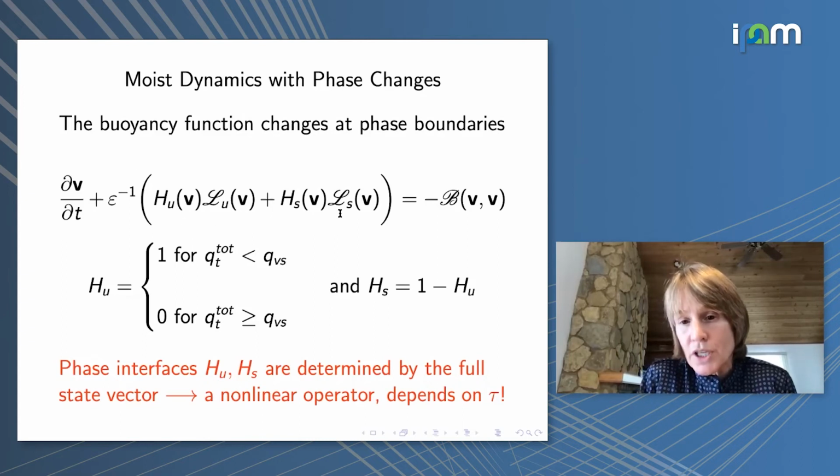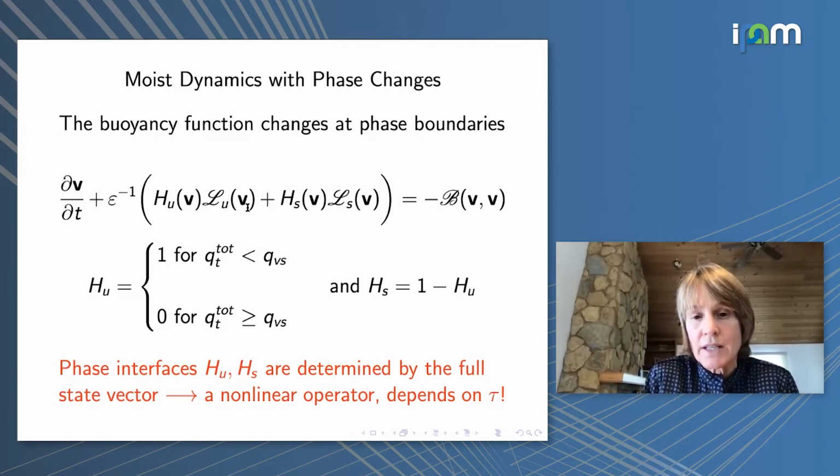So the buoyancy changes its functional form, and that's the hard part about this problem. We've chosen to make that explicit by using these Heaviside functions. H_U is for the unsaturated domain. It takes the value 1 if total water is less than saturation, and then water is vapor, and it's 0 if water is greater than the saturation value.